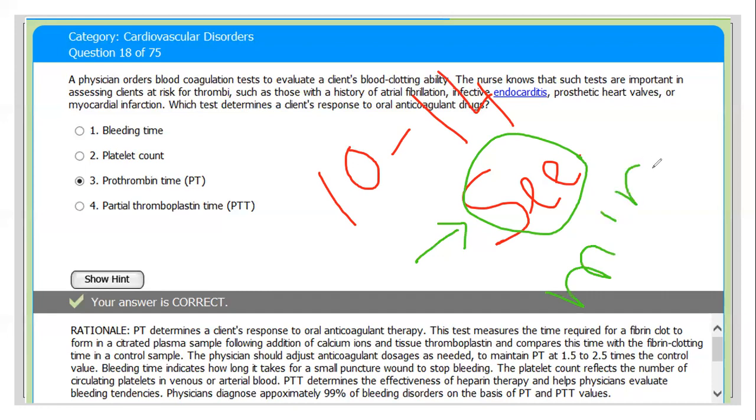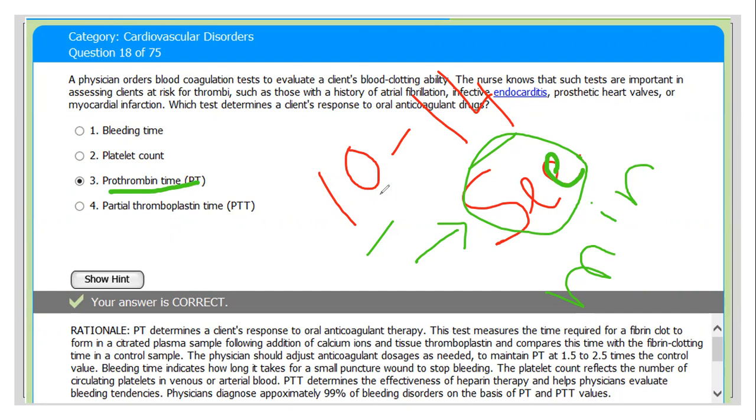So when the NCLEX board gives 10 to 14 minutes or 10 to 14 seconds, it can confuse you, right? So important, okay? Don't get confused, it should be seconds. So normal prothrombin time is 10 to 14 seconds, right?